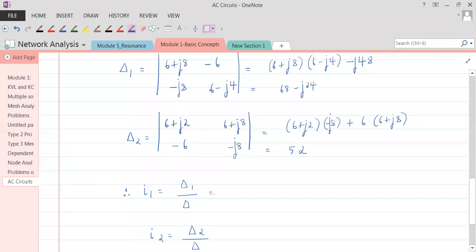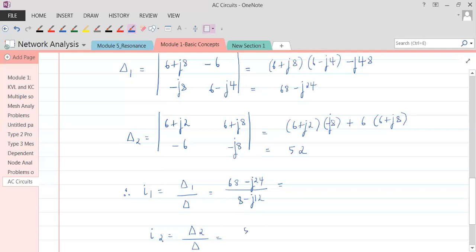Now, if you calculate, what are we going to get? Everybody, can you do this and tell me the answer? 68 minus j24 divided by 8 minus j12. Practice with calculators.